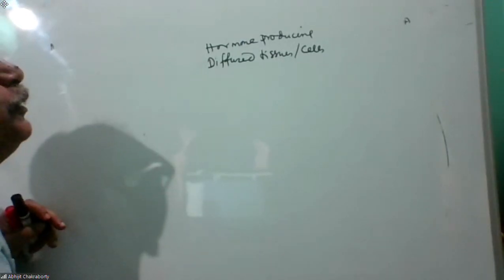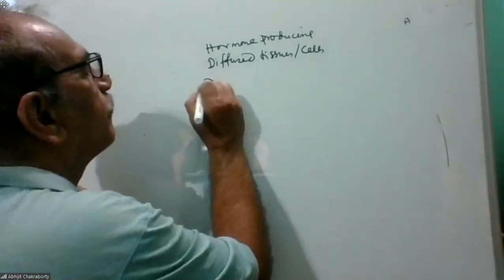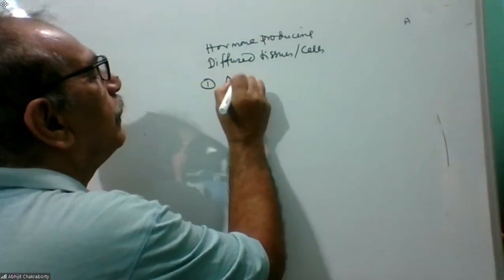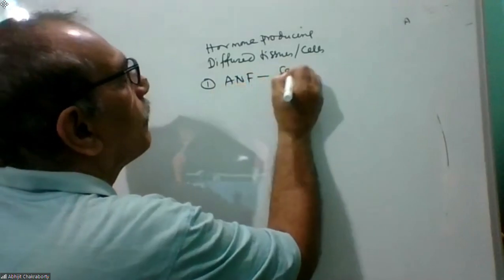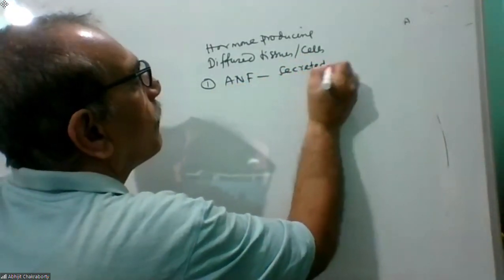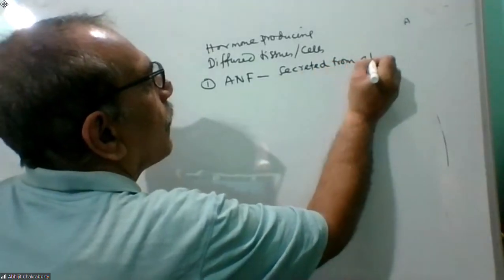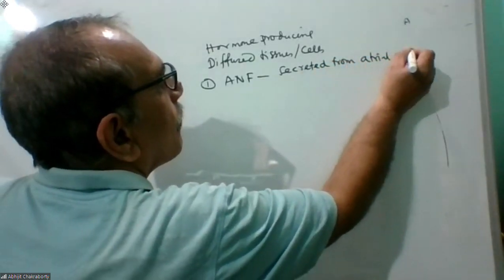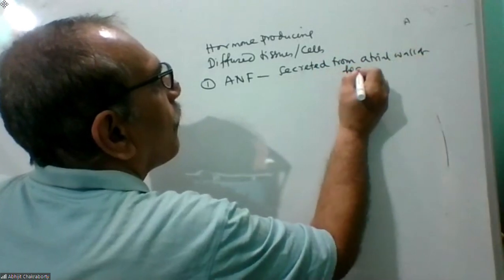Hormone-producing diffuse tissues, oblique cells, include ANF, secreted from the atrial wall of the heart.